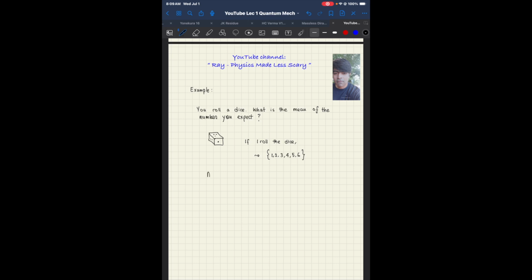And assuming it's a fair dice, that is, each outcome, these are called an outcome, is equally likely.